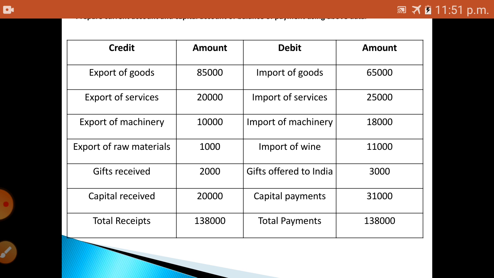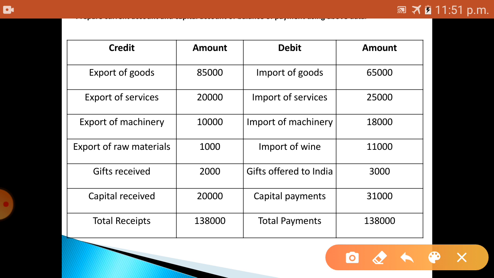Next, in the debit column, the France country has imported goods of 65,000. Services imported 25,000. Machinery imported 18,000. Import of wine 11,000. Gifts offered by France 3,000. Next, capital payments 31,000. This much we should mention.